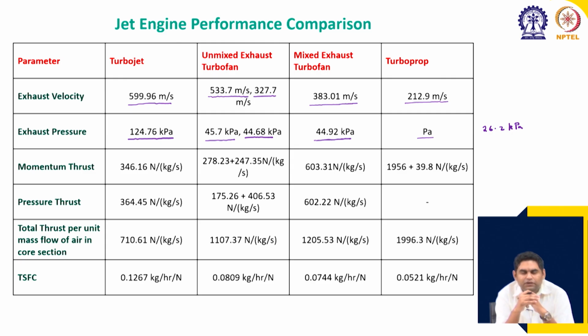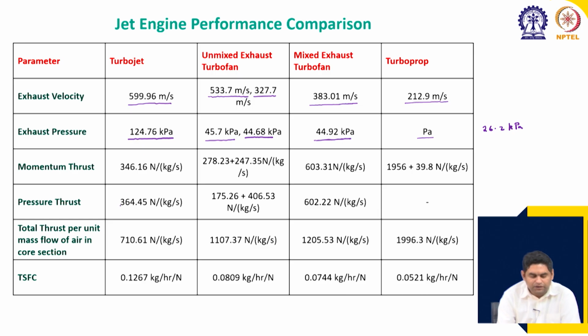We are unable to increase the exhaust gas velocity too much, and not much work was taken, because there are no fans, or the mass flow rate through the compressor is less as compared to the mass flow rate through the fan. So, the work required there was not very high. Anyway, this is much higher. Okay. So, again the same trend, gradually it increases towards the turbojet.